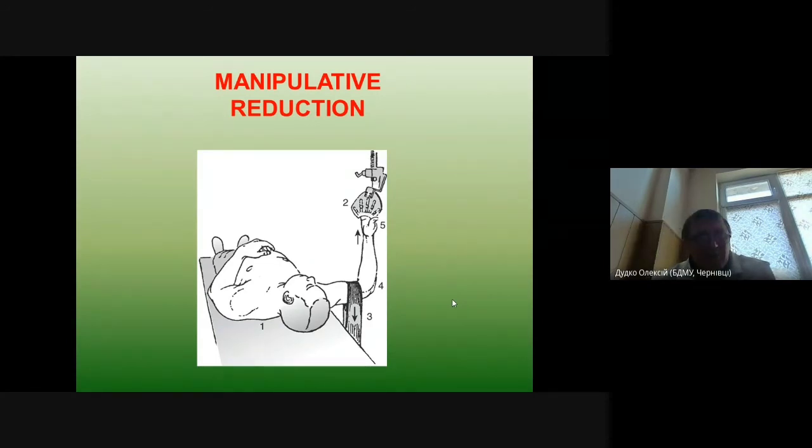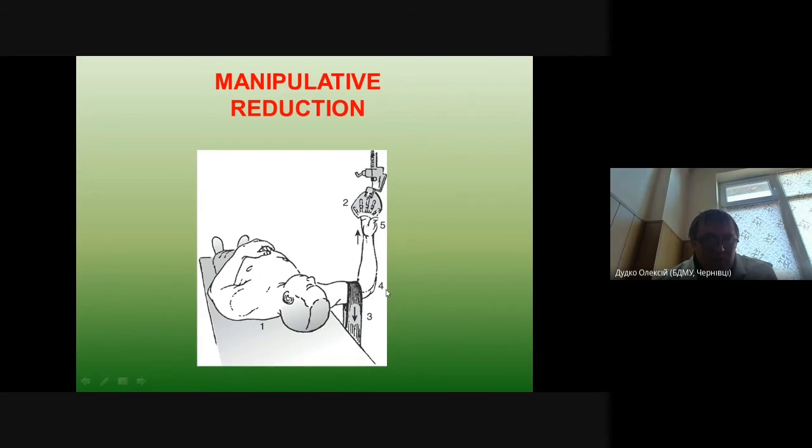Another way uses a special mechanism. It helps a lot because it performs the first traction, and then you can perform a reduction by your hands. So you can apply your hands here and correct shift, correct rotation, and also you can apply the plaster bandage in this device.